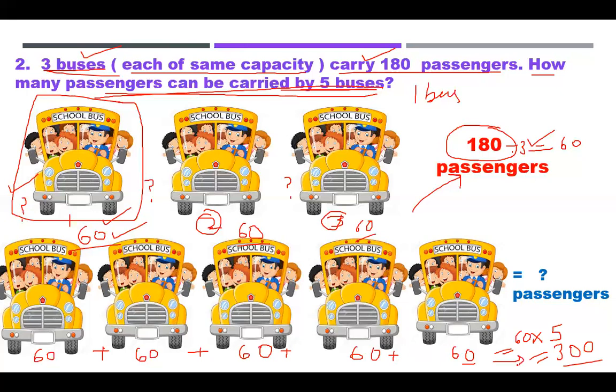You can use the concept of repeated addition, and repeated addition is also called multiplication. So 5 sixes are 300. So we know that there are 300 passengers in 5 buses, right? That's why we are using the concept of unitary, to find the value of one thing. Then you can find the value of many things.